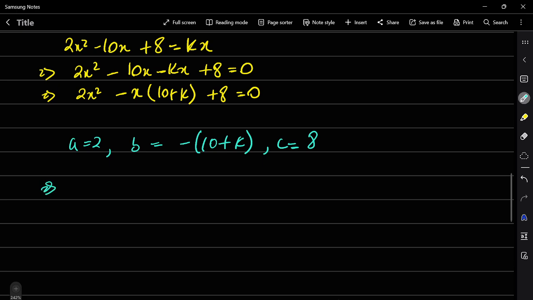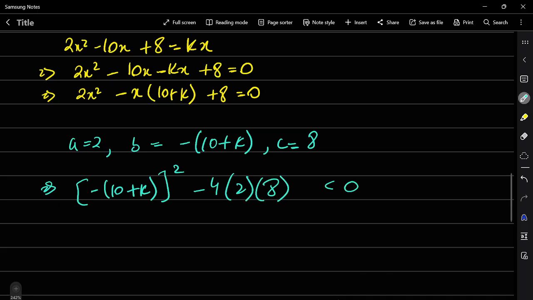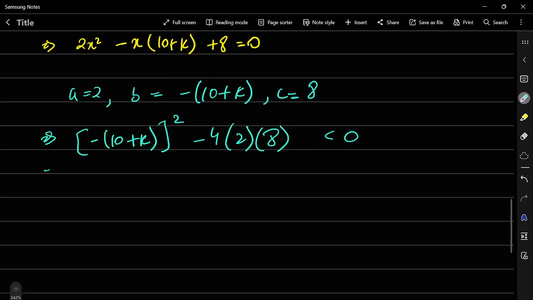Now let's plug this in. Minus 10 plus k whole squared minus 4 times 2 times 8 is going to be less than 0. I'm not going to be opening the brackets over here as it's going to make it more complicated. And yeah, so if I open this bracket over here, I'm going to get 10 plus k whole squared.